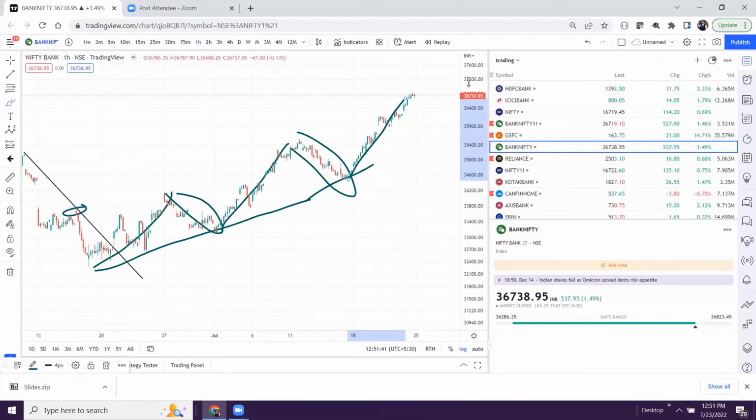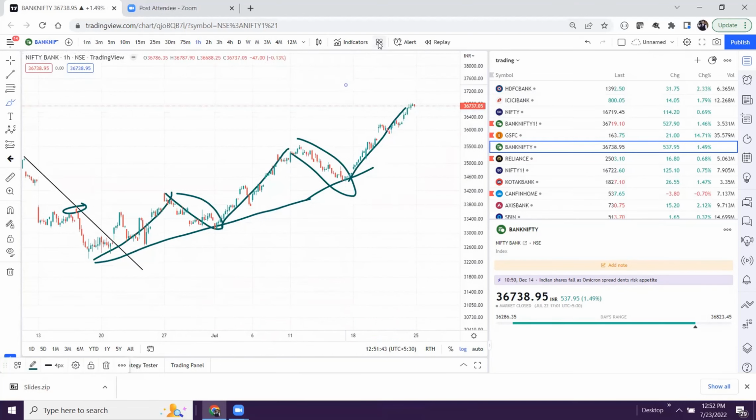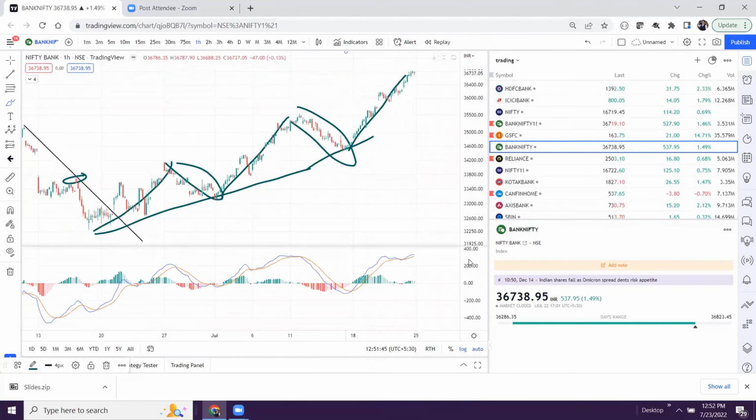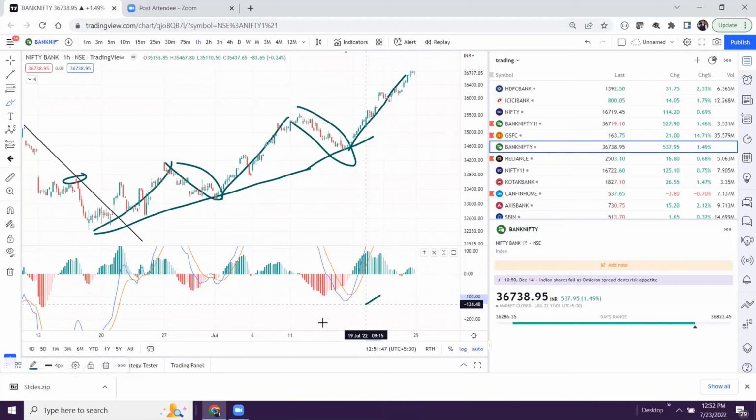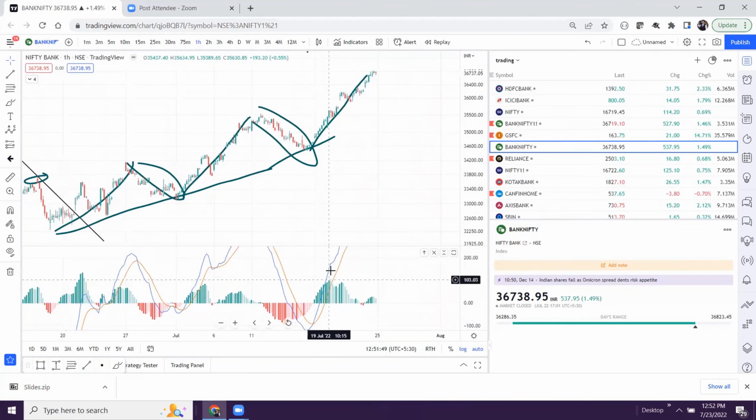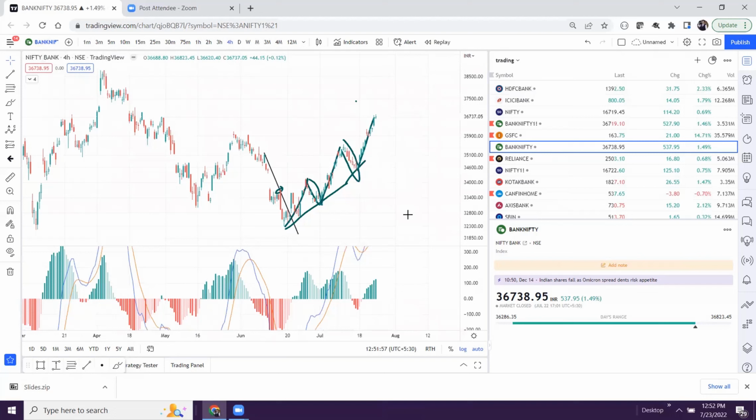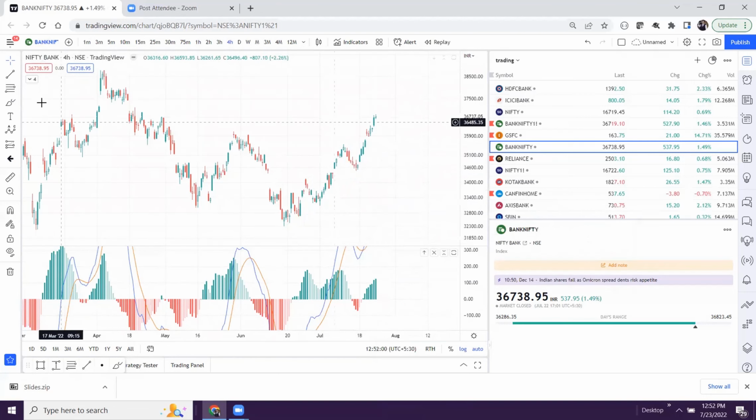So now let us see, is there any divergence here or not? So there is a divergence between this, and let us see on the 4 hour. See, this divergence is evident here, right?